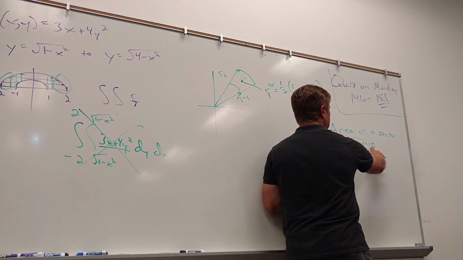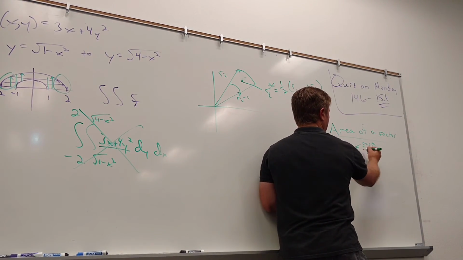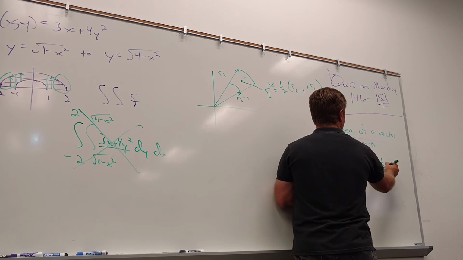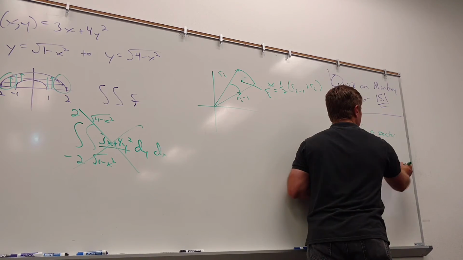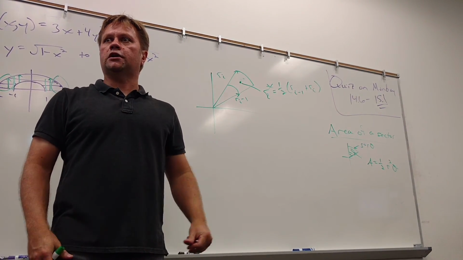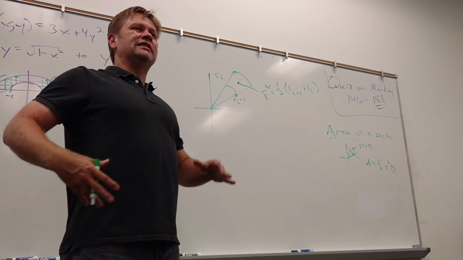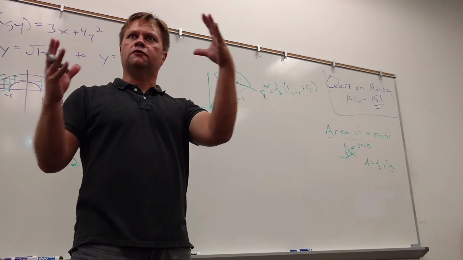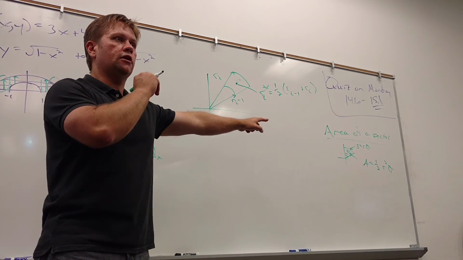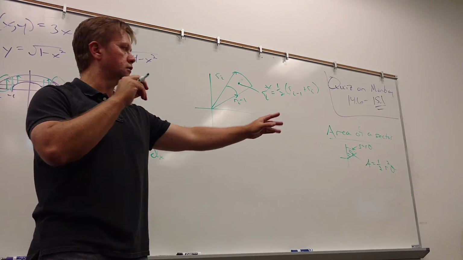If you consider this to be the base and this to be the height, r, then it makes sense the area is going to be 1/2 the base times the height. It's not exactly correct for a large case, but for a small case, the limit becomes this. That is the area of a sector.